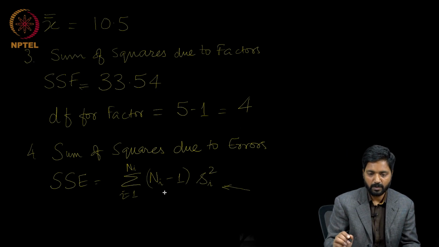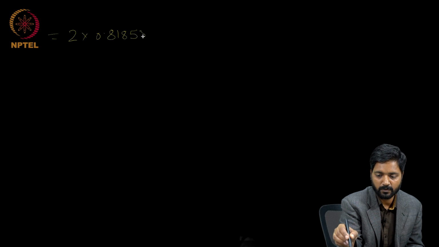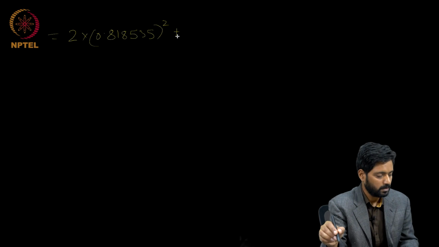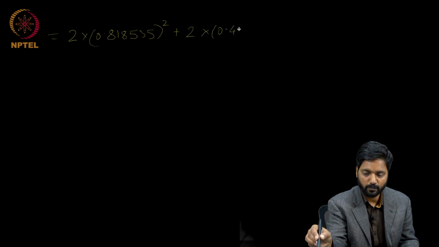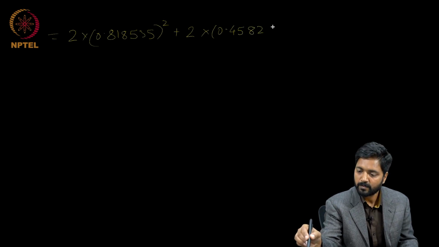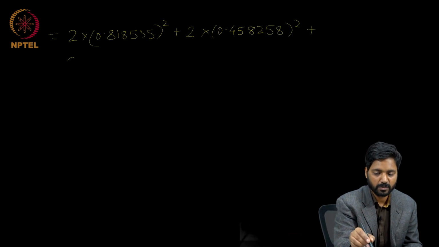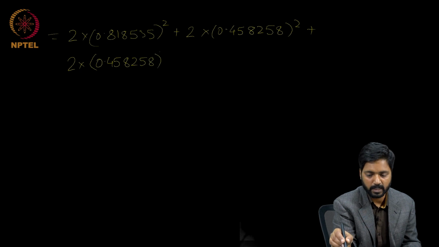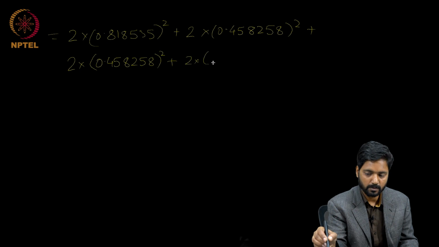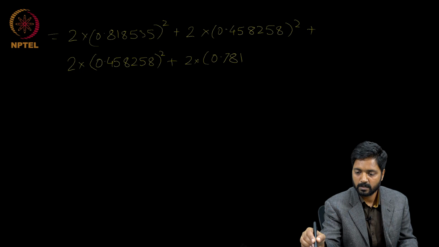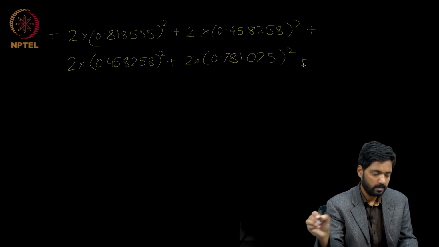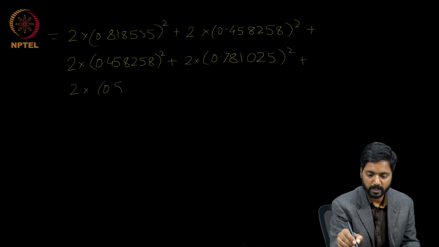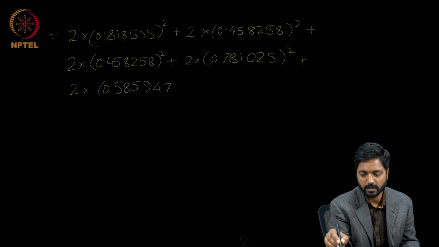So this, if we calculate, turns out to be equal to 2 into 0.818535 squared plus 2 into 0.458258 squared plus 2 into 0.458258 squared plus 2 into 0.781025 squared plus 2 into 0.585947 squared.